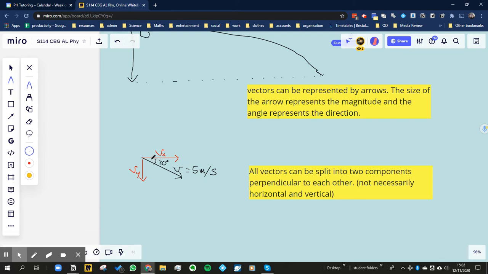So basically these red lines are the horizontal and vertical parts. Let's imagine we've got a ball that's flying, moving at this velocity v, and what would it look like if the ball was being thrown towards you, coming right at you?